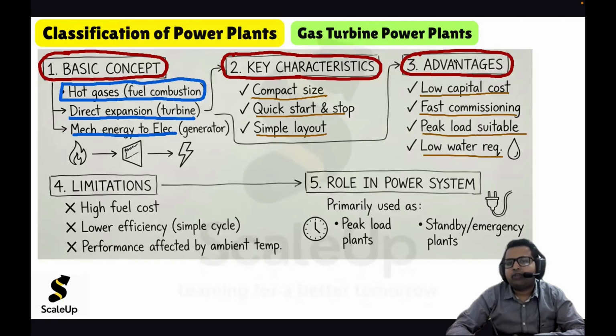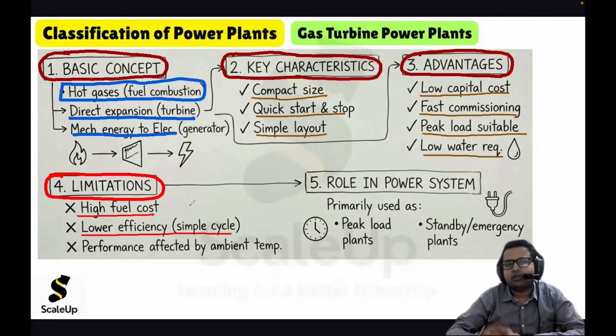If we talk about the limitations of gas turbine power plants, here fossil fuel will play a role. So high fuel cost, and lower efficiency, because wherever heat is involved, efficiency will be low. Heat will escape and get converted into other forms.